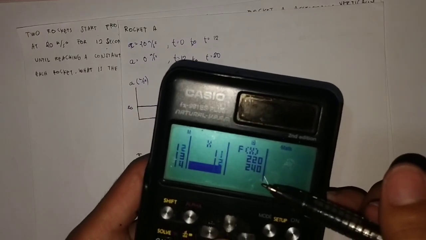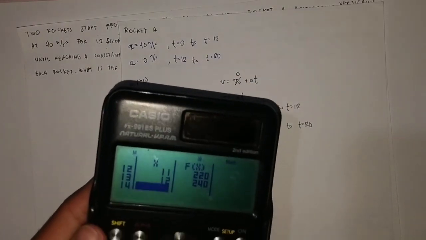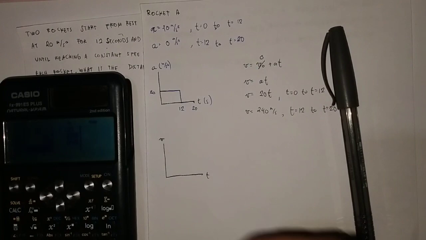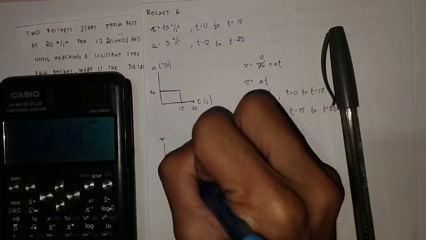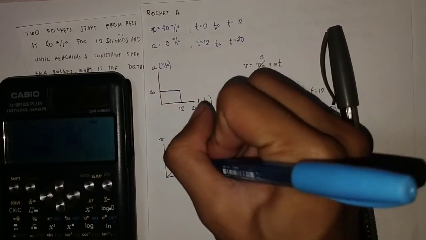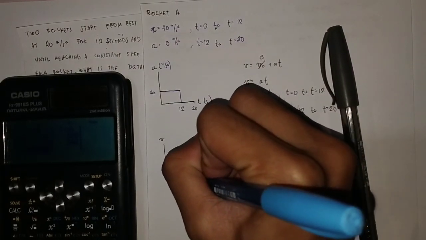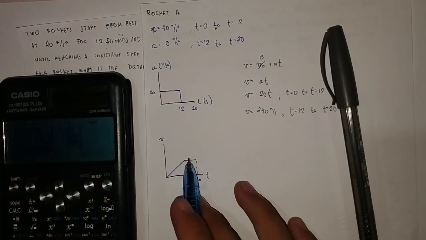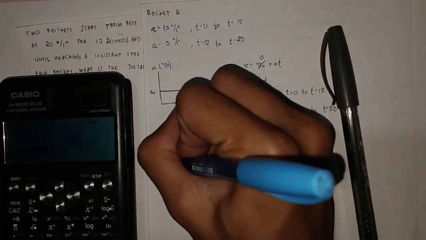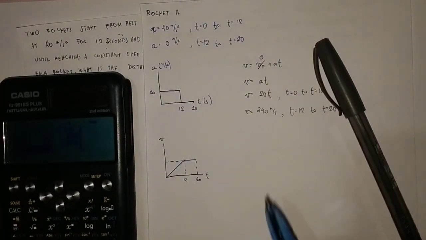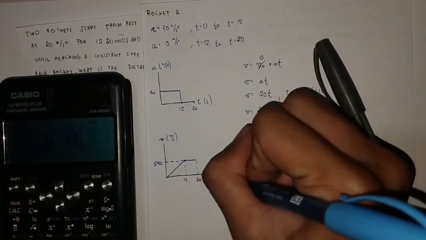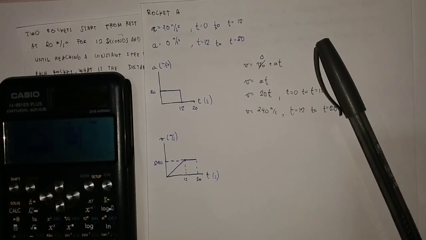Therefore, we can conclude that its graph is just a diagonal line, which means the graph for our first part is this, for 12 seconds, and then it stays constant until 20 seconds, a horizontal line. At 12 seconds, we have a speed of 240. This is meters per second, and this is seconds. And that is our VT graph for rocket A.